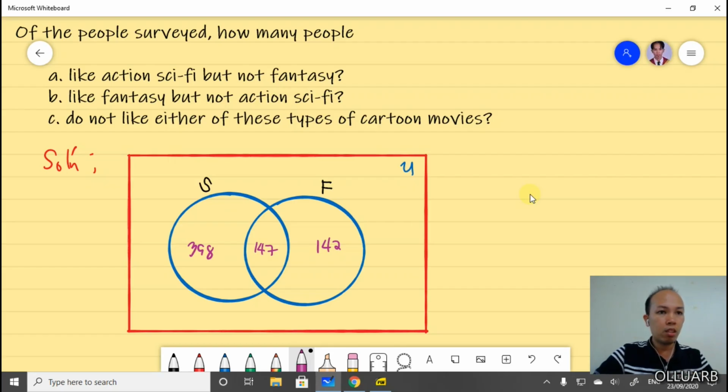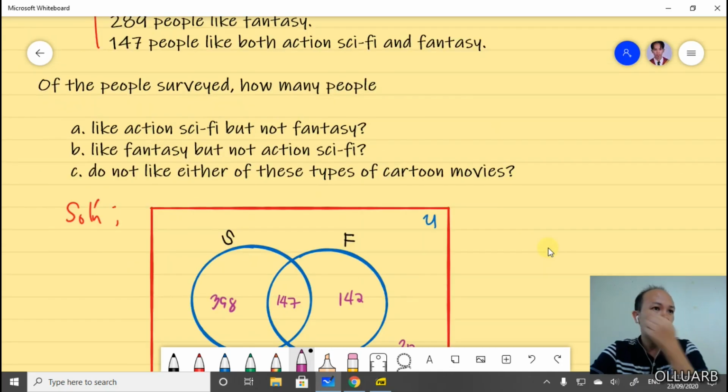The remaining number of people is 213. So this is outside. What is the meaning of 213? They do not like either of these two animes.